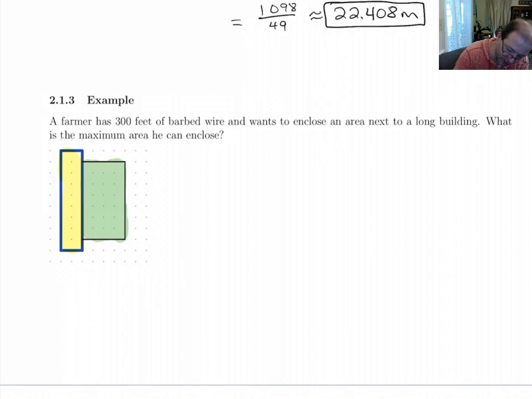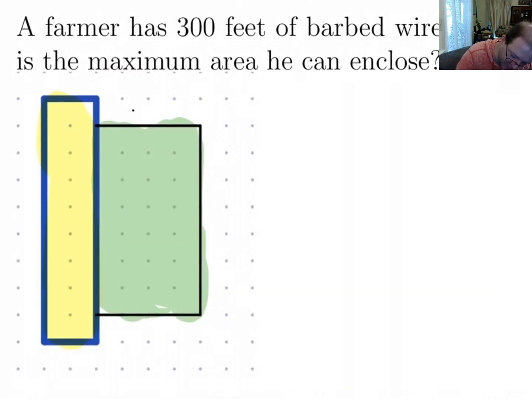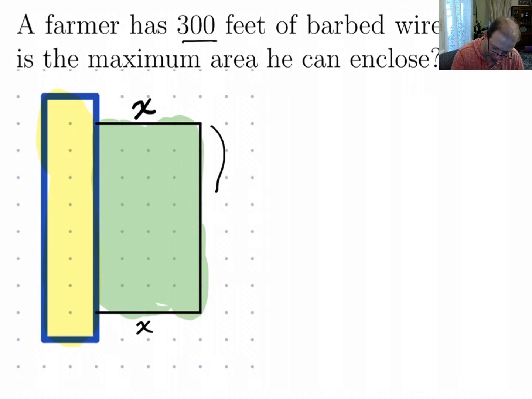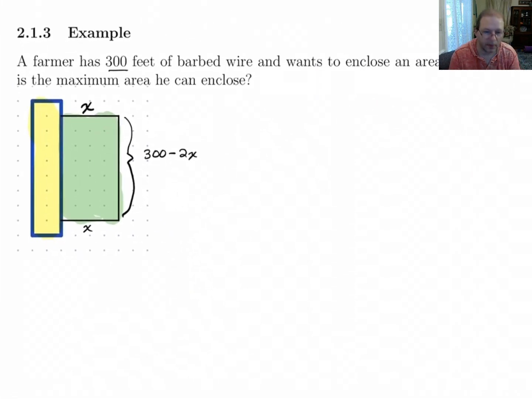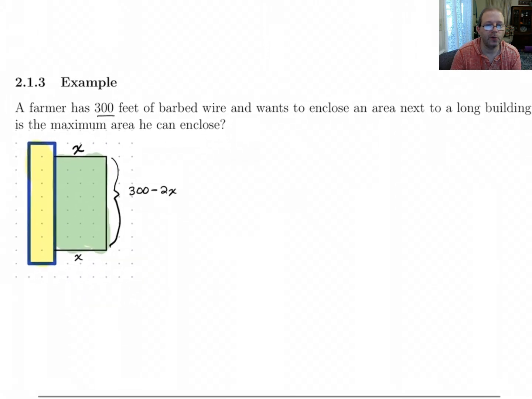So what we need to do is give this some variables and work out what it should be. So let's let x be that length of fence. And then this length down here, since it's a rectangle, is going to be the same. Now he's got 300 feet total. So that means this other bit of fence is going to be 300 minus 2x feet. That's a general way to write this out.